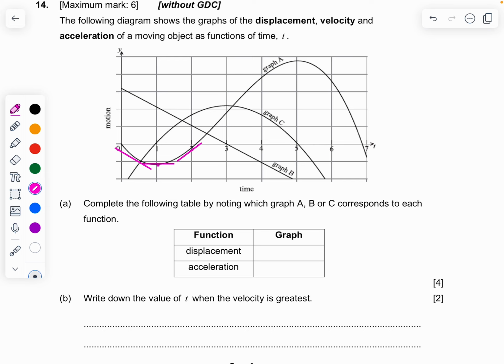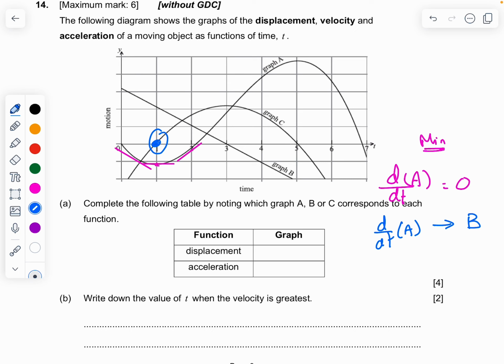So this is going to be the minimum point for graph A. At the minimum point, the derivative of graph A should be equal to 0. So it is over here. Derivative of A is represented by B.